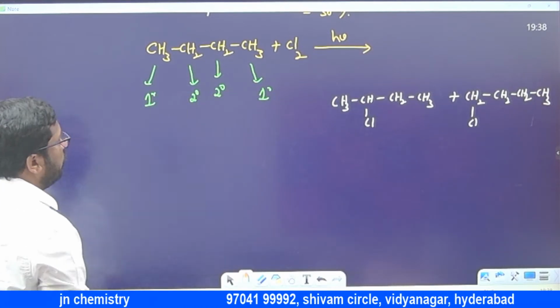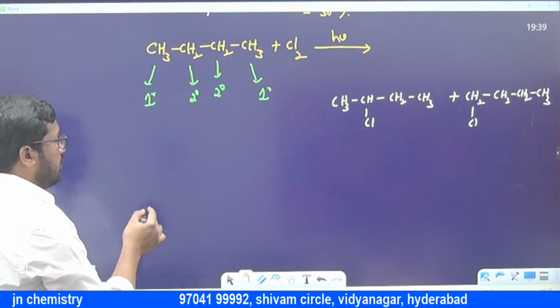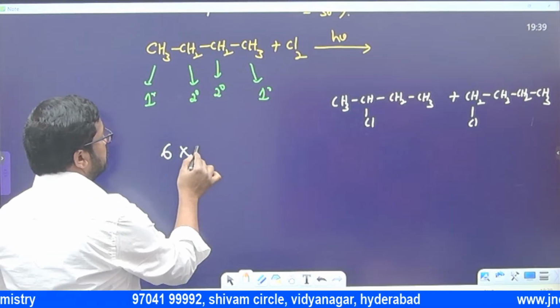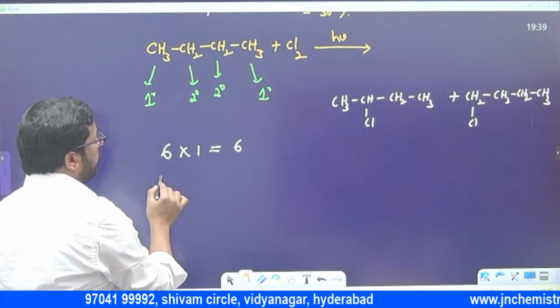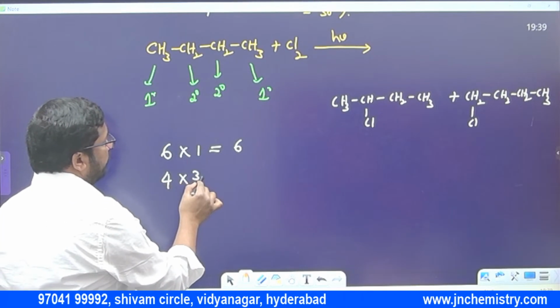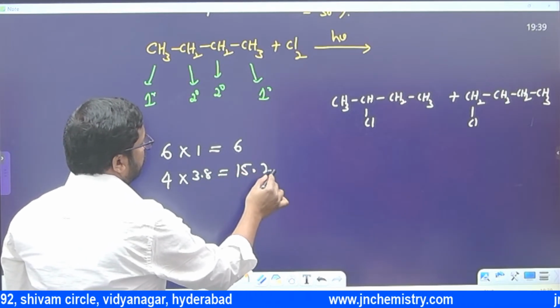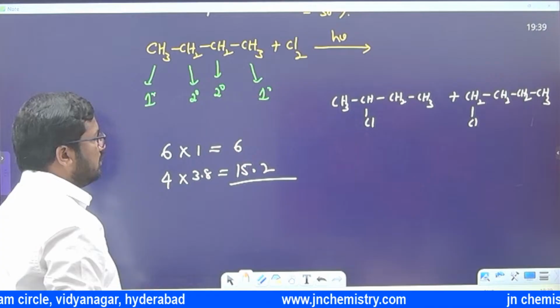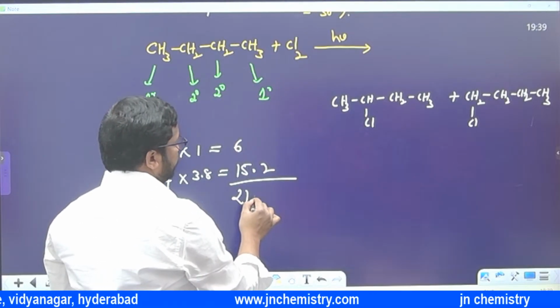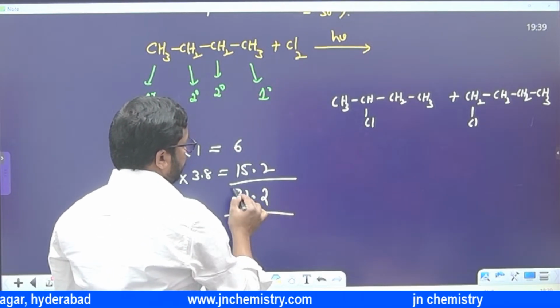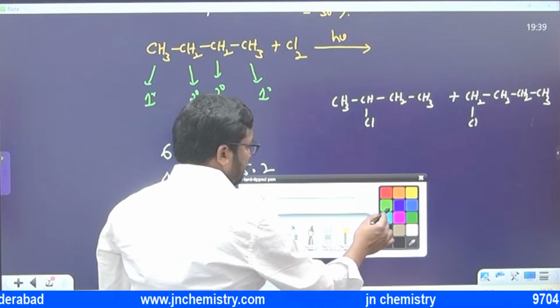Let me know, total how many primary hydrogens? 6. 6 into 1, 6. And 4 into 3.8, 15.2. Total 21.2. Right?